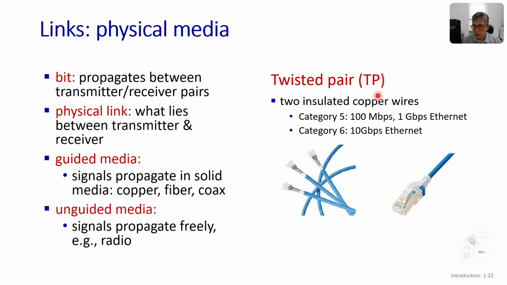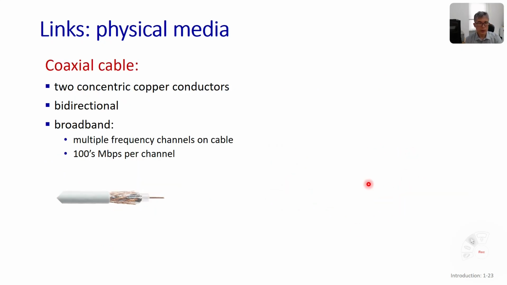One wired technology is twisted pair, TP: two insulated copper wires, physically separated, category 5, category 6, providing different speeds of Gigabit Ethernet or fast Ethernet service. This is an RJ45 cable for twisted pair, and coaxial cable is for the cable network.